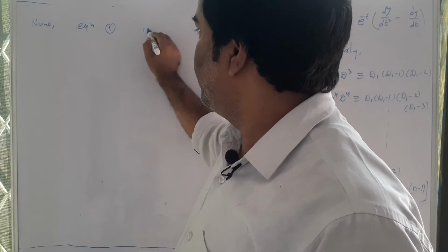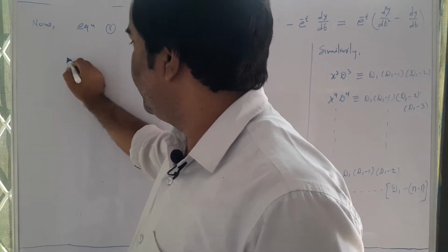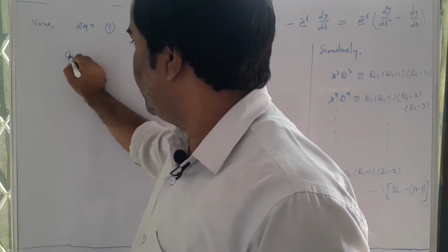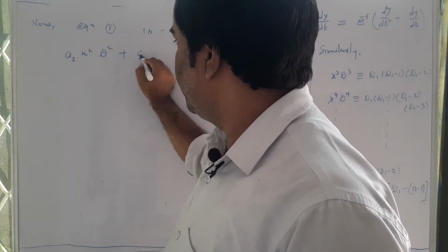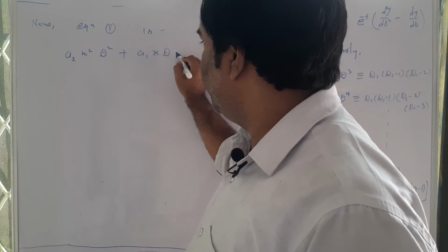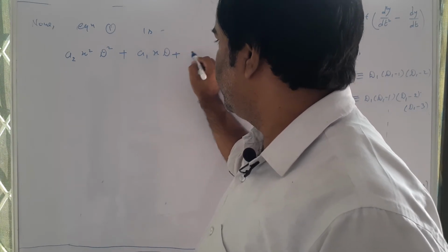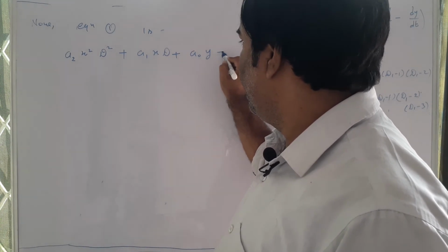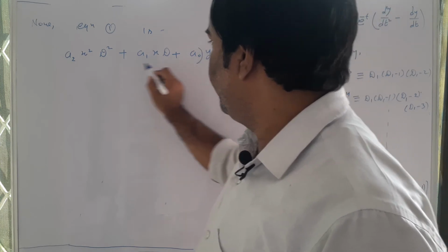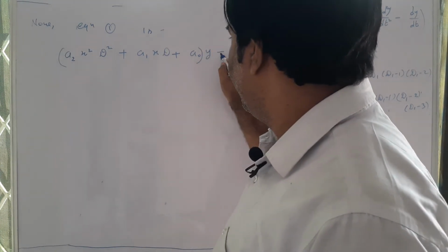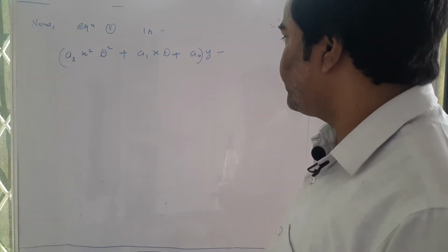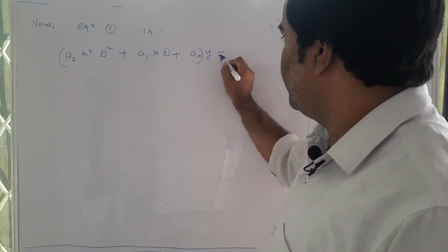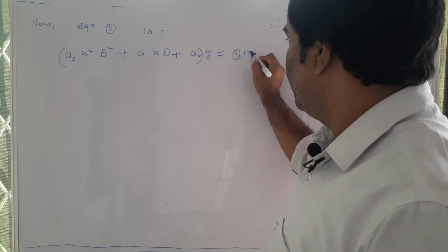Equation 1 is a2 x square D square plus a1 xD plus a naught y is equal to Q(x).